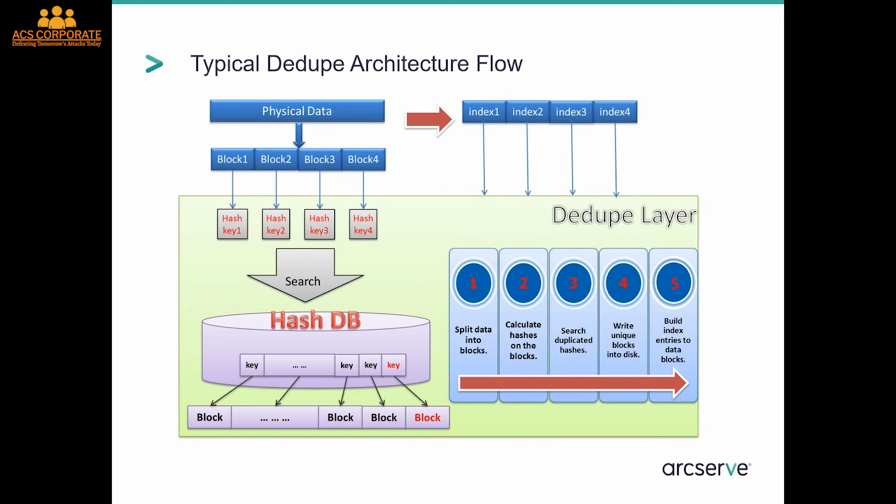Now, what happens with these keys is, if I have multiple blocks coming in, and those blocks are already recognized as data that's already been committed to disk, we will basically say, okay, this key already exists, and it already points to a block in the backup repository, and therefore we don't need to back up the data again, because the block already exists.